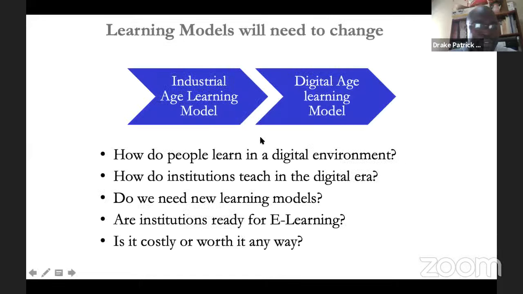So, therefore, there is a need for new learning models. Models that allow students great autonomy, models that shift a teacher from being a commander to a process facilitator, but also institutions' readiness for e-learning.